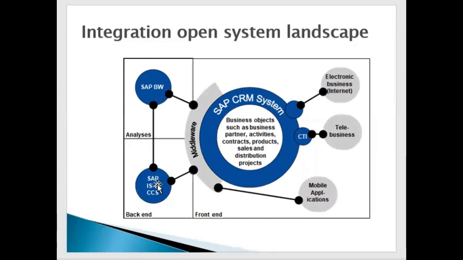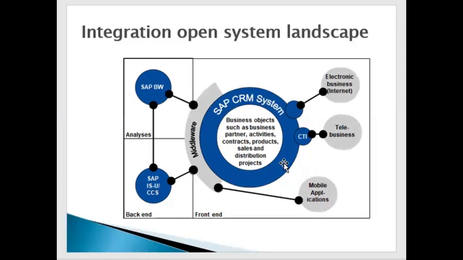And through that middleware, the core system sends all the details to the CRM system, because the CRM system gets all these queries from the end consumers through many modes, mostly from the internet, like via email, via queries, via chat, or tele businesses like via IVR, meaning telephone calls. So all this information they are collecting from the CRM system.